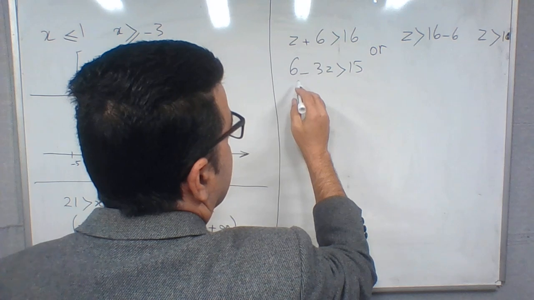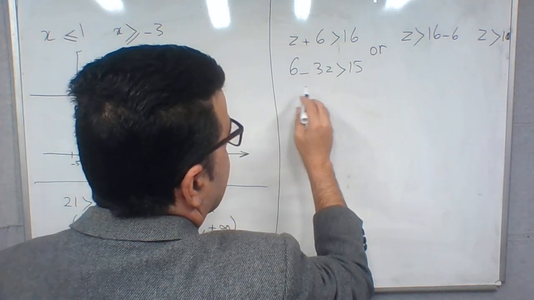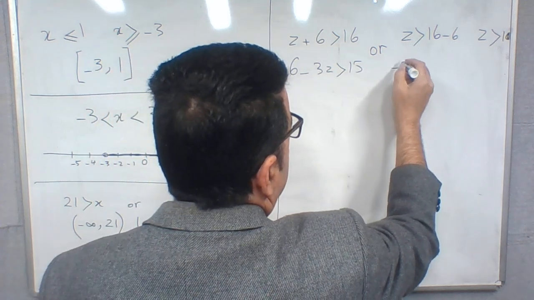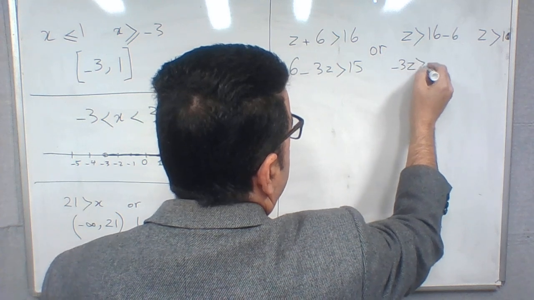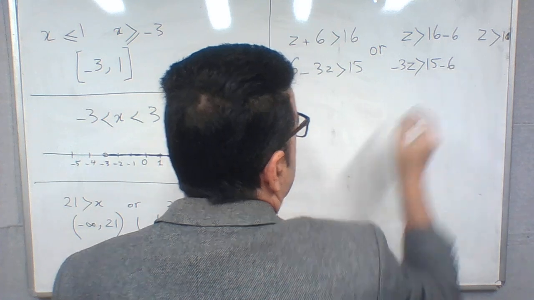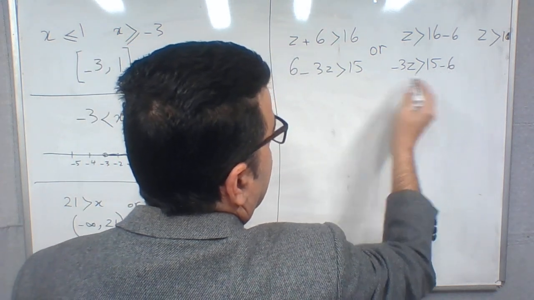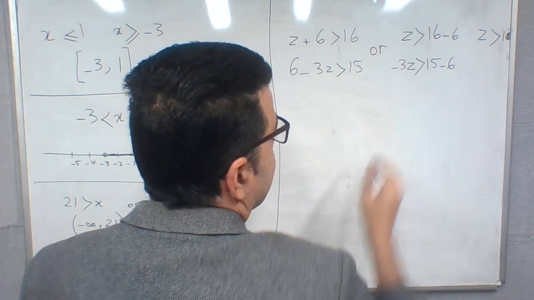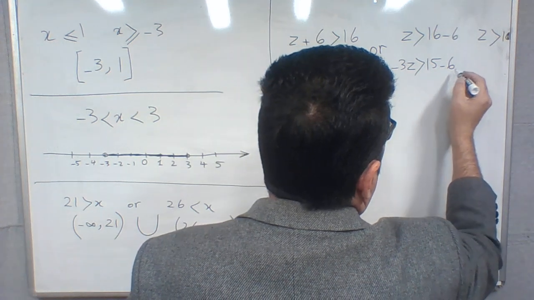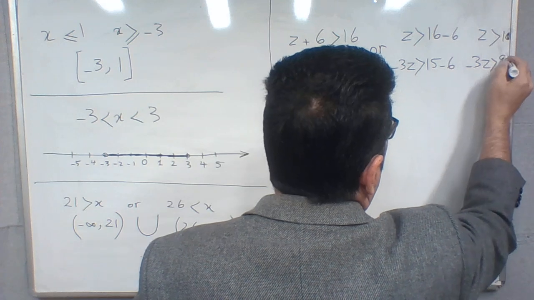And then 6 minus 3z. Okay, I move 6 to the right, so minus 3z greater than 15 minus 6. The 6 is moved to the right, and then the sign of 6 has been changed to negative. So it is negative 3z greater than 9.